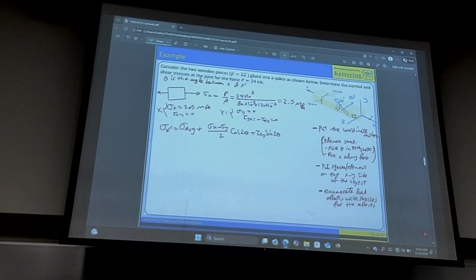So if this is x, and x prime is this, you need this as theta. If this is beta, which is 22 degrees, this is my x prime, and this is x. So I need this theta. If this is 22, this is 22 as well. So theta is 90 minus 22 degrees, which is 68 degrees.